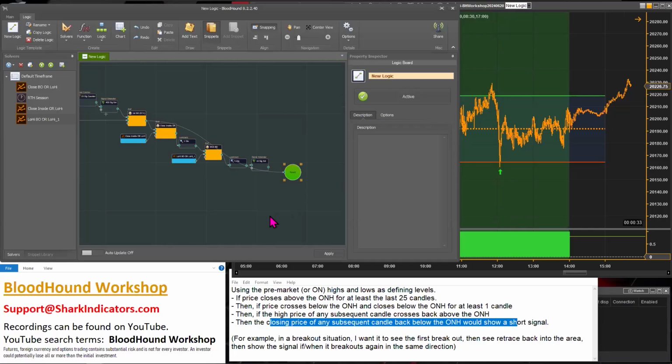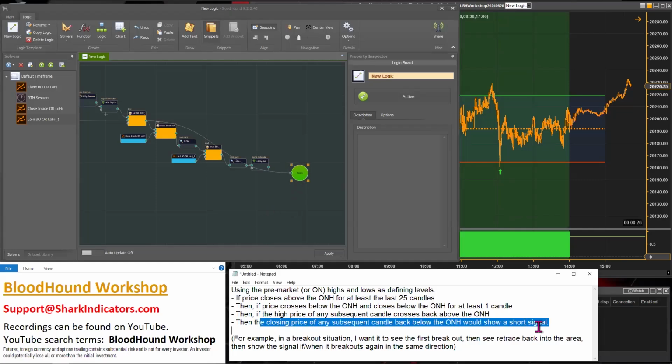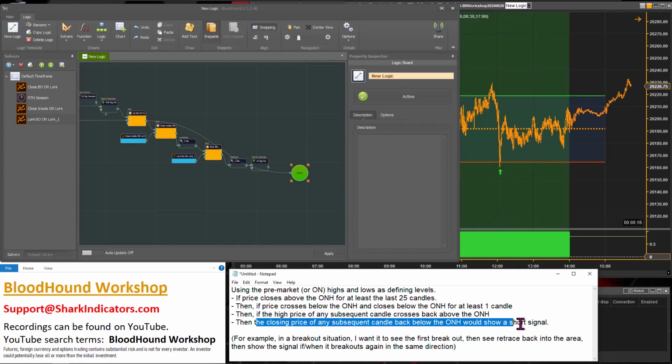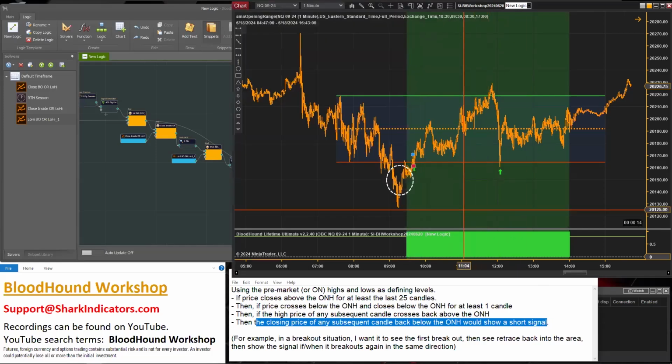So with that, we still haven't completed this yet. We've taken this condition and extended it forward for 10 bars until this last final condition happens.